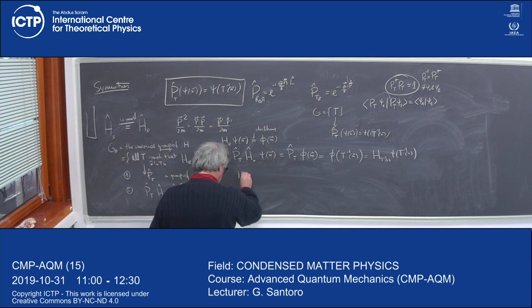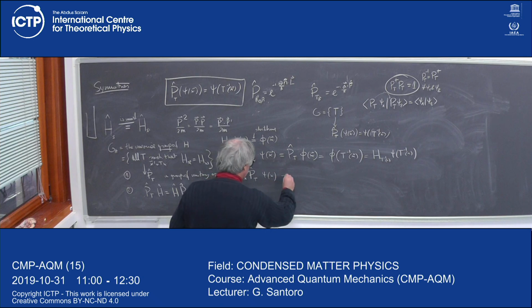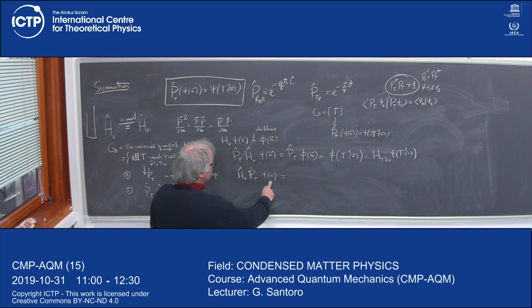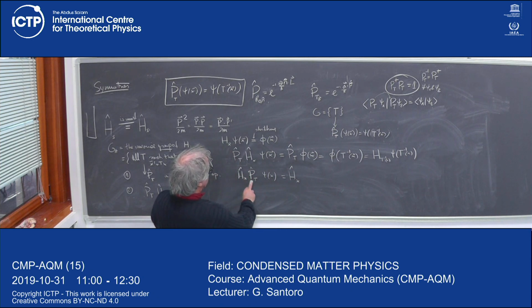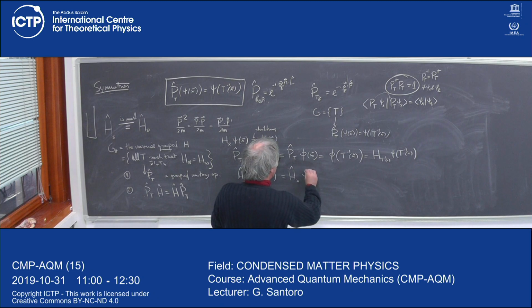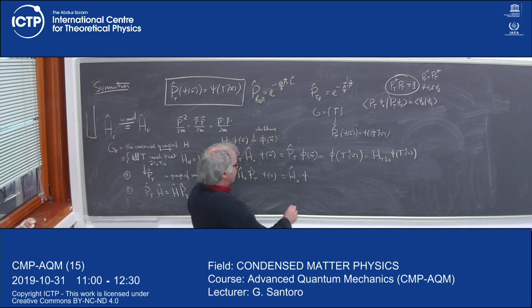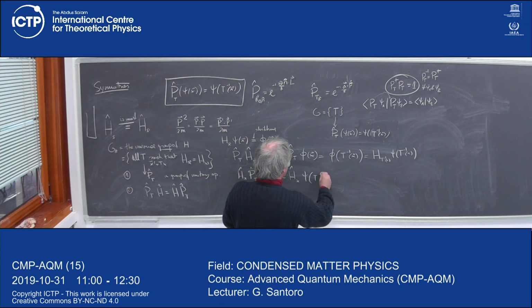So I do h of x applied after PT to the same function, psi of x. So, first rule, this is equal to h of x, left untouched. And what about this? This is psi, please tell me, t to the minus 1 of x.